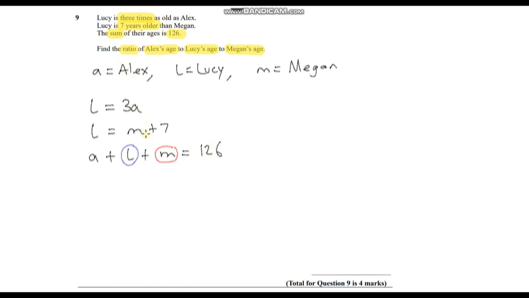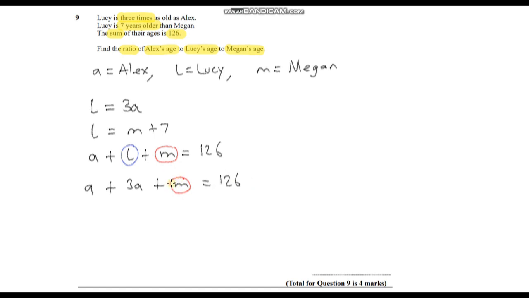So we know, first of all, that L equals 3A. So straight away, I can just replace this L with 3A. So that would be A plus 3A plus M equals 126. So now we've got two of the terms with A in. We just need to try and get M in terms of A.